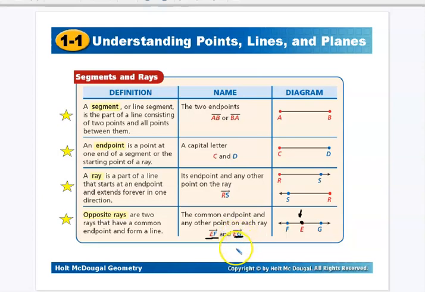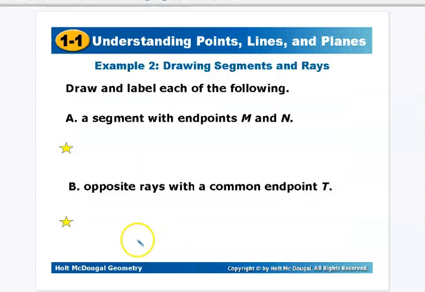Now if these did not go in the opposite directions from each other, if I had one that went to the left and then one that went kind of up and over, those would not be considered opposite rays. They would be two rays, but they would not be opposite rays. Doing good so far.